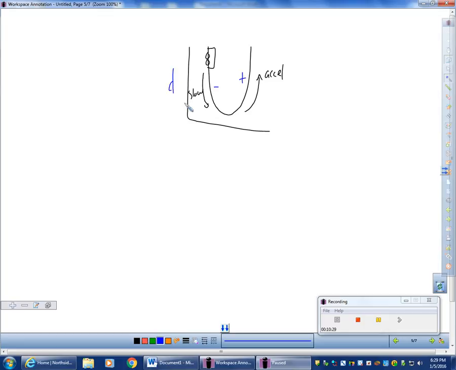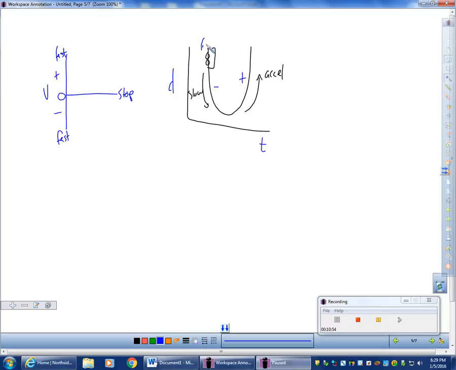For my velocity time graph, again, I can be fast in the forward direction, I can stop, or I can move in the negative direction and still be moving pretty fast. So if I wanted to graph this one, my negative slope puts me in the negative direction. I'm going to start fast and get slow.